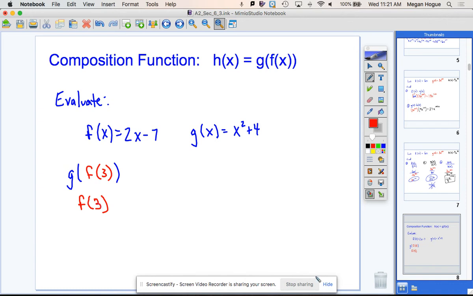Let's just say I asked you to do f of 3. We should be able to do that. I asked you to do that in the last chapter. Does anyone remember what f of 3 means? What I'm asking you to do?